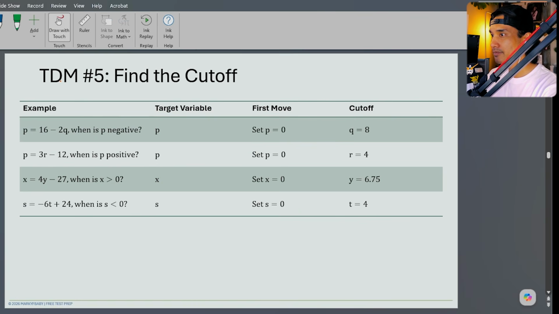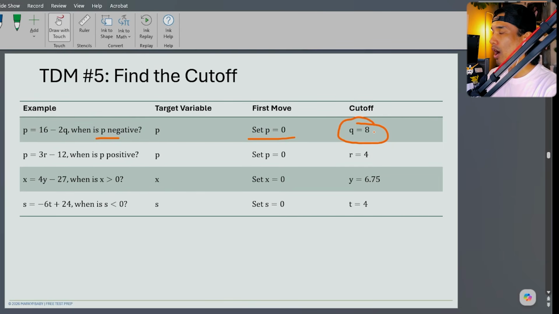Here are some examples. P is equal to 16 minus 2Q. When is P negative? What is the target variable? It's not Q, it's P, because it's asking when is P negative. We're going to set P to 0. We find the cutoff. After simplifying, we get Q equal to 8.